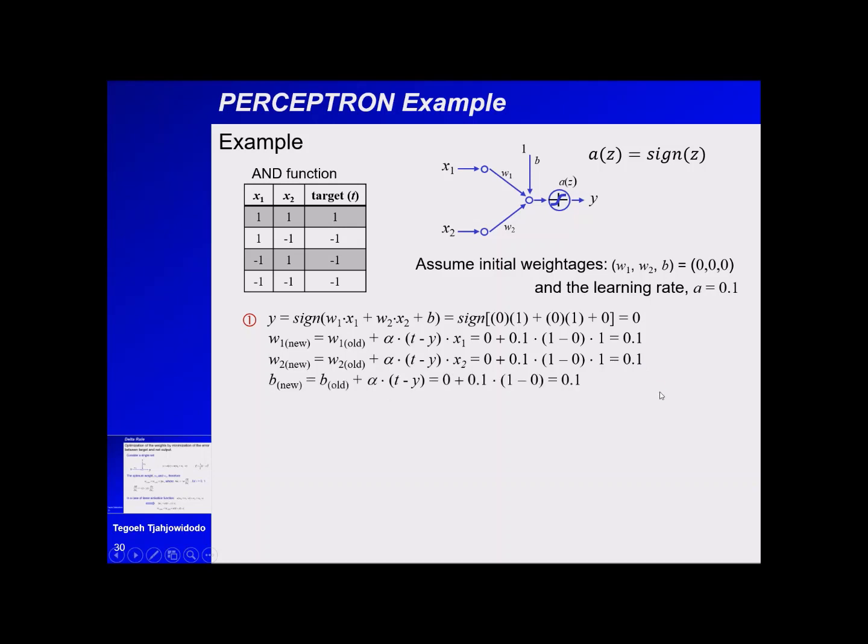Now for the bias, I do the same thing: old bias plus learning rate times the target minus the current output times 1, of course. It will be equal to 0.1. So at this iteration, my W1, W2, and B are 0.1, 0.1, 0.1 correspondingly.